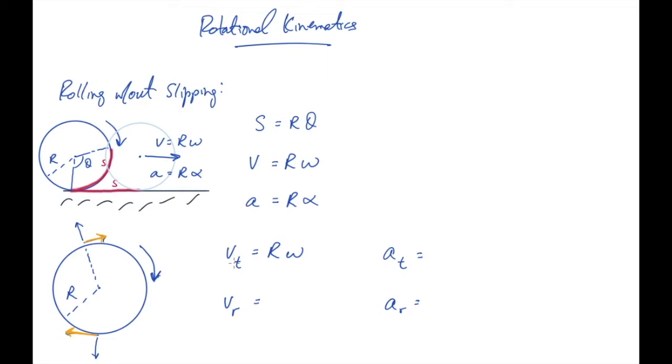The farther from the axis of rotation, or the faster the wheel is rotating, the faster it will be moving in the tangential direction. Suppose I consider the motion of a point closer to the axis, right here. Then the tangential velocity is going to be smaller because it's going to trace out less distance in the same amount of time. In one period, the time it takes this wheel to go around, this point out here traces out this large circle.